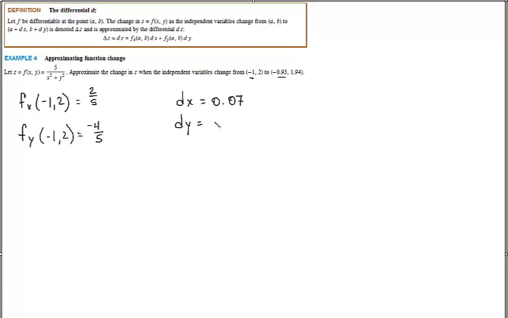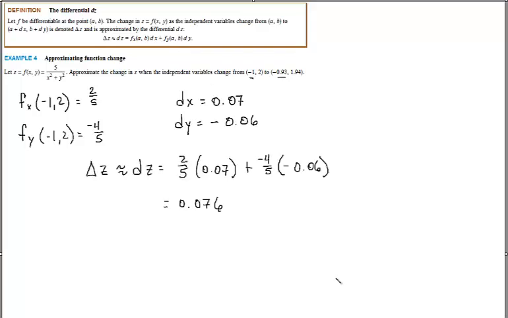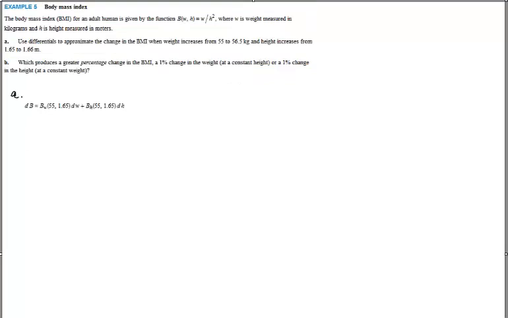Now that's a decrease, so I will let dy be a -0.06, and I'm just going to plug that in and crunch those numbers and come up with the differential dz. Alright, and this is what we get. If we were to compute that actual change from one point to the next for our z, that would actually be about 0.080, so it is once again pretty darn close.